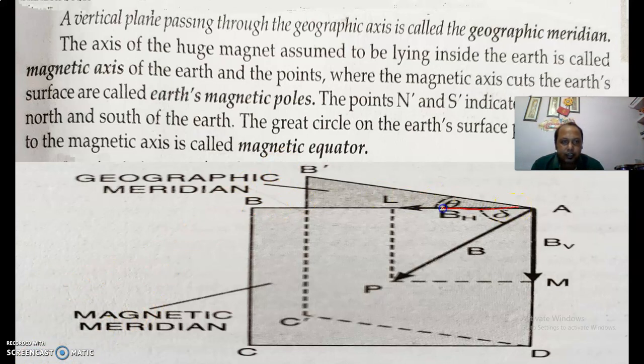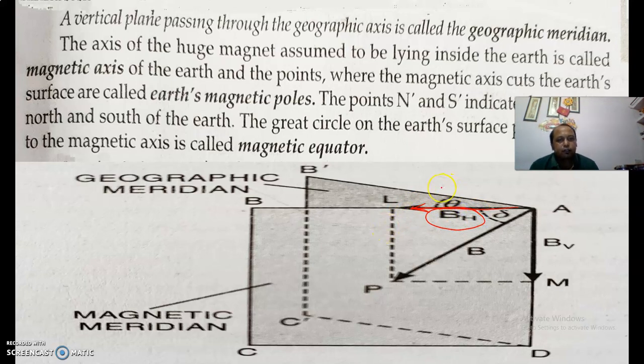This is the direction in which the freely suspended magnetic needle, which is free to move in the horizontal plane, will stay. So this represents BH. BH represents the horizontal component of the magnetic field.